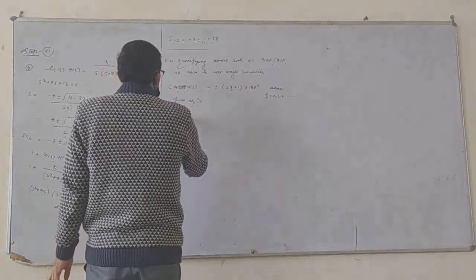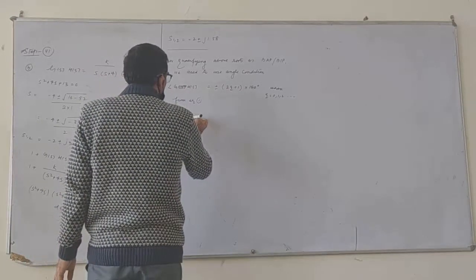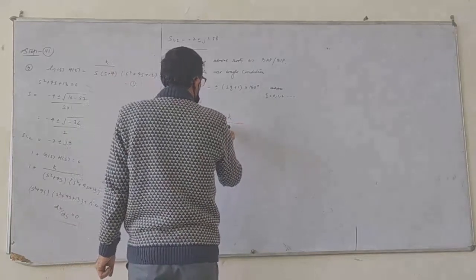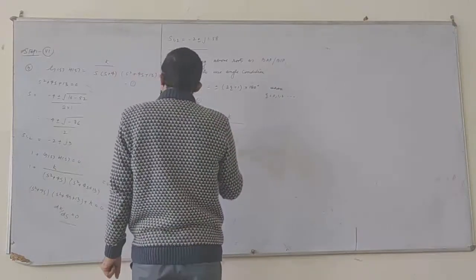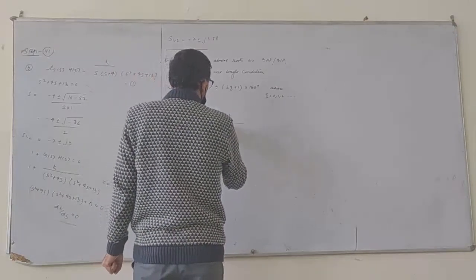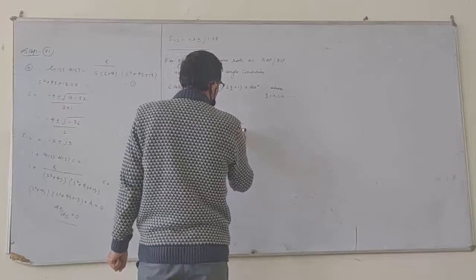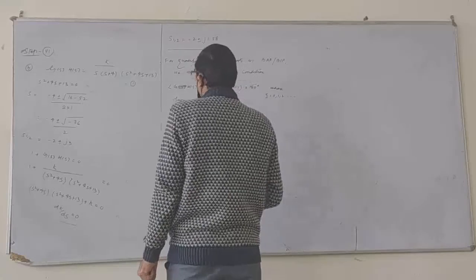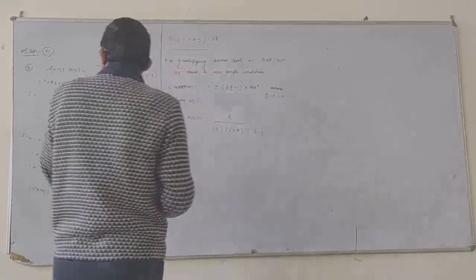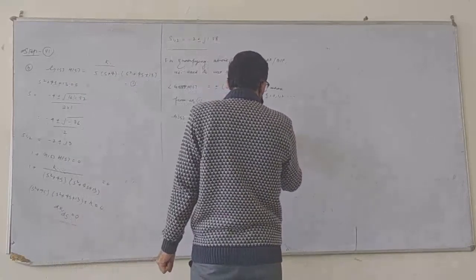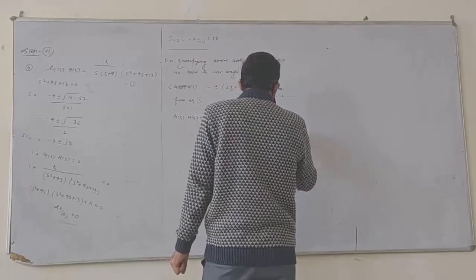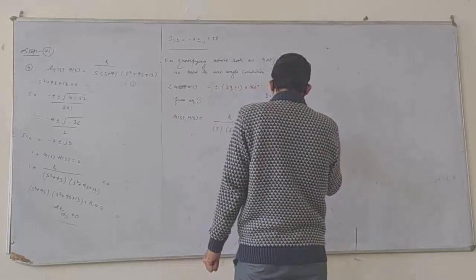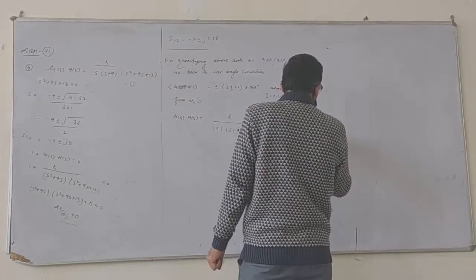So G(s)H(s) can be written as K divided by s minus 0, times s plus 4, and then two roots, s minus of what are these two roots? Minus 2 plus j3 and minus 2 minus j3.